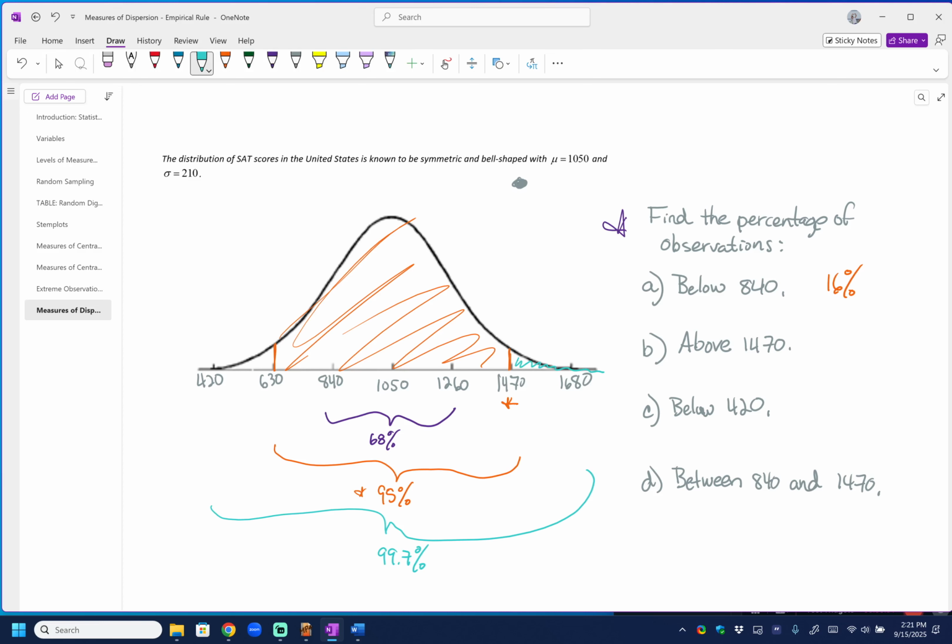Okay? So we're going to do this the same way that we did the other one. We know that if we actually highlighted all of this in here, that's going to represent our 95%. But we can also basically cut that in half, right? We can cut that in half by taking down the middle, right? We want to take half of 95% for our scenario here.